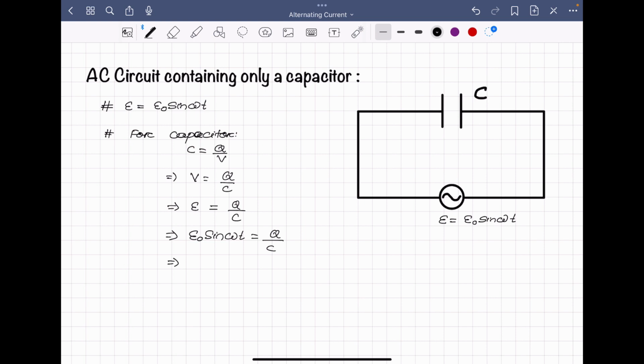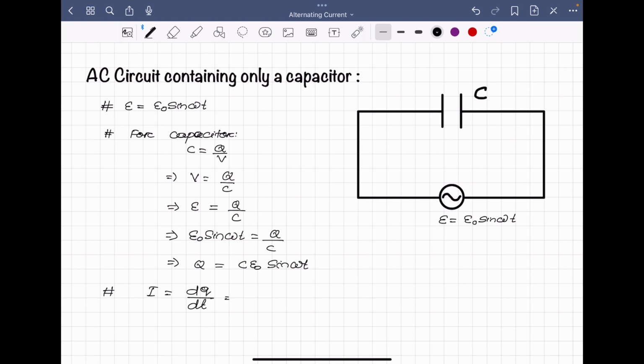Just remember our aim is to find out I. So just find out Q here. Q becomes C E naught sin omega t. Then how can we find I? We know the formula for I is the time rate of flow of charge, so we can write I as dq upon dt.